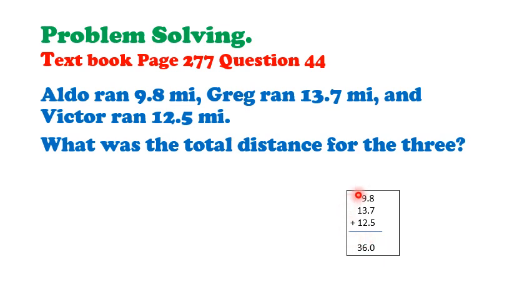Carry 1. 1 plus 1 equals 2. 2 plus 1 equals 3. So the answer will be 36.0. That means 36. So I can write 9.8 plus 13.7 plus 12.5 equals 36 miles.